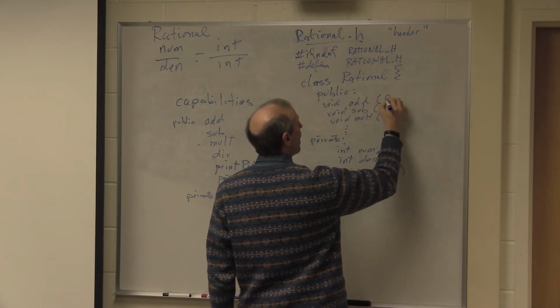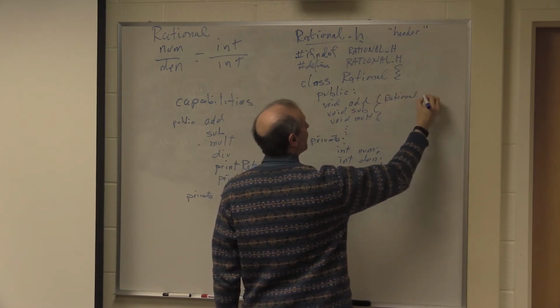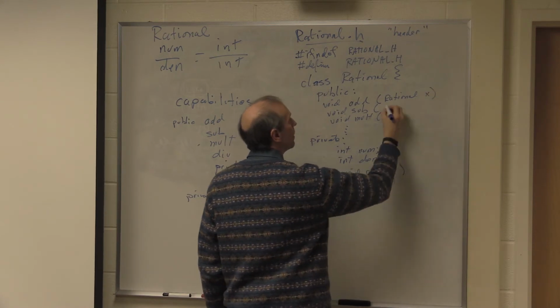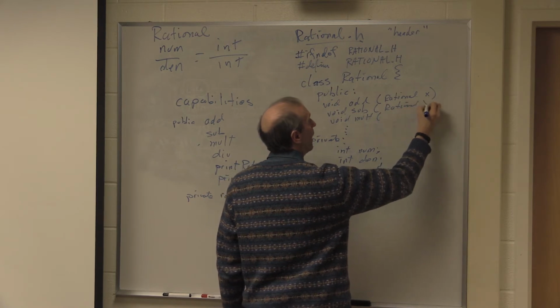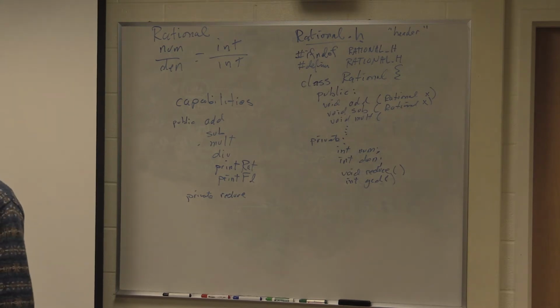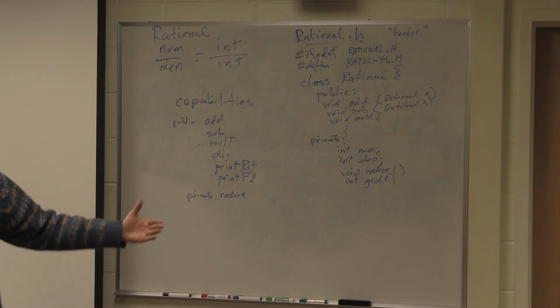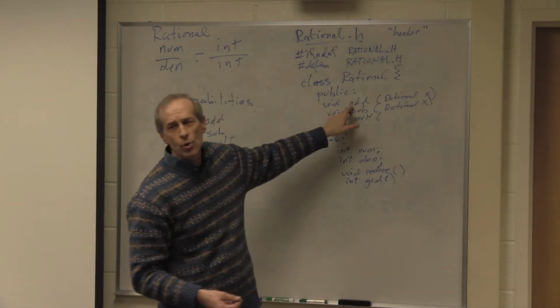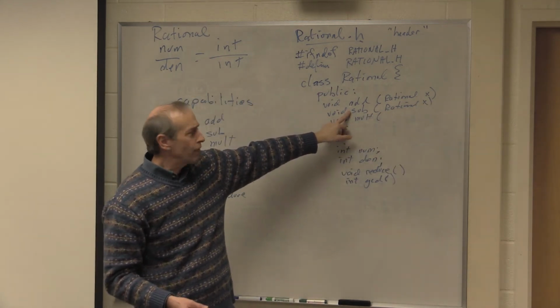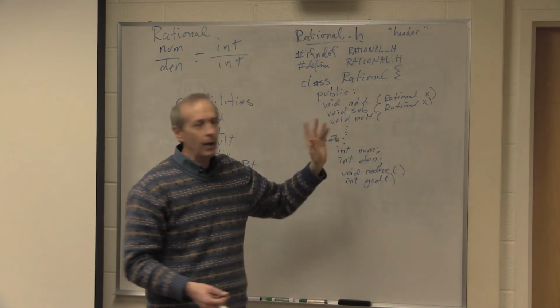Add, subtract, multiply, and divide will all take a parameter, Rational x. Because if I want to add two rational numbers, I need to pass the second number as a parameter. The first number is the object itself. The second number is the parameter. That's how I'll add to it. I'm going to add x to or subtract x from the current value. I'm going to multiply. I'll show you here in a minute.